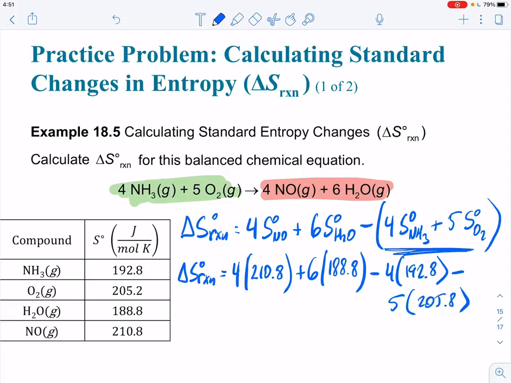And when you complete this calculation, then your entropy of reaction is going to be equal to plus 178.8 joules per mole Kelvin.